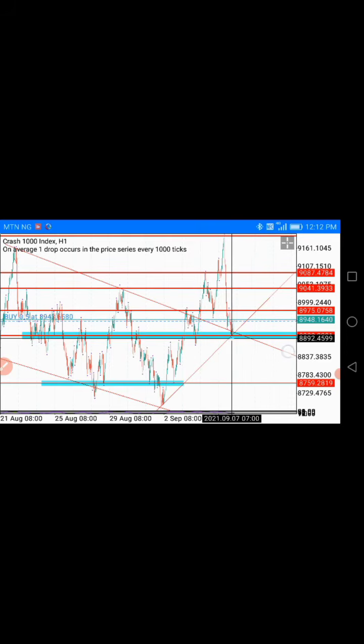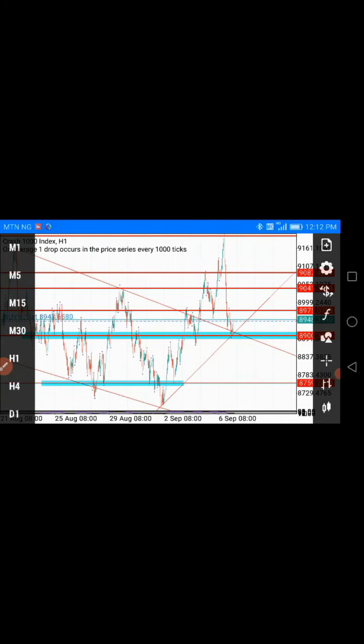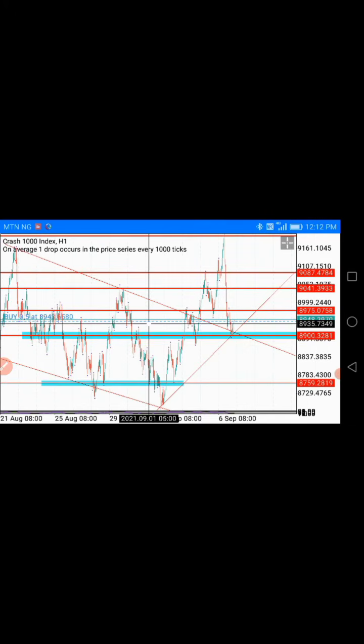A psychological level is just a level on the chart that is most times a whole number, and people tend to remember whole numbers, things that are very easy. So most traders react somehow around that area, either to place a trade or to stay away from trade, because they are expecting the market to react in a certain way around that area.